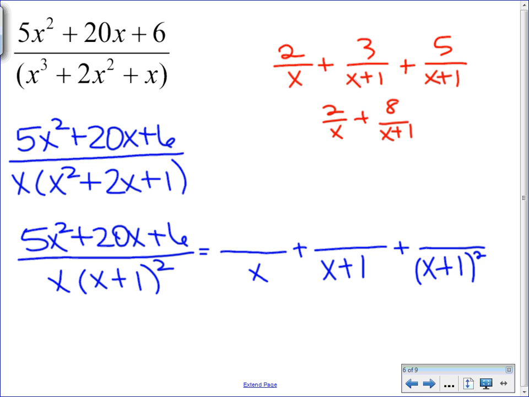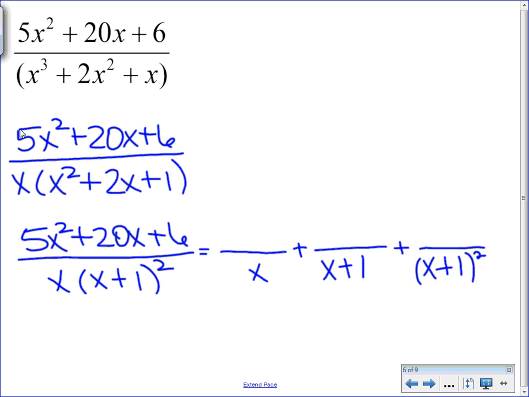Anytime you have a repeated factor, you need that and all the lesser powers. So we have the x plus 1 squared and the x plus 1 to the first. These are all still linear, and so our numerators are still constant.